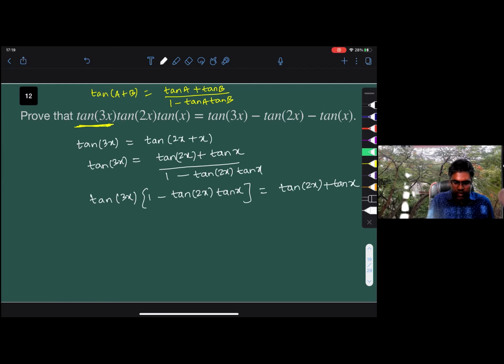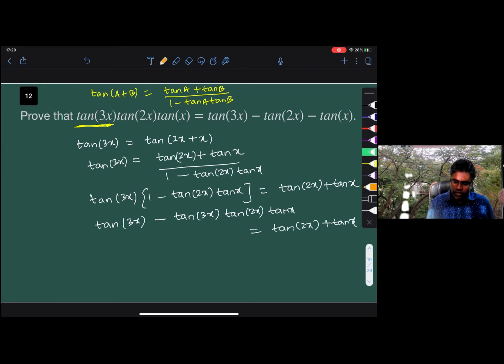Now distribute here tan 3x. So you get tan 3x minus, I have tan 3x into tan 2x into tan x. This is equal to tan of 2x plus tan of x.